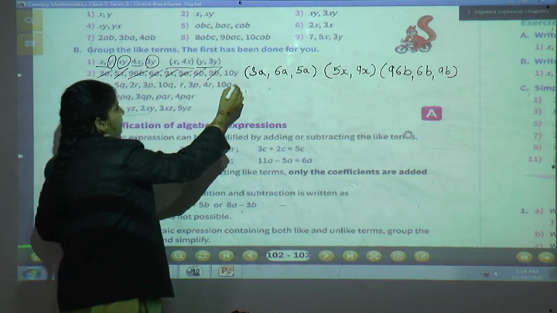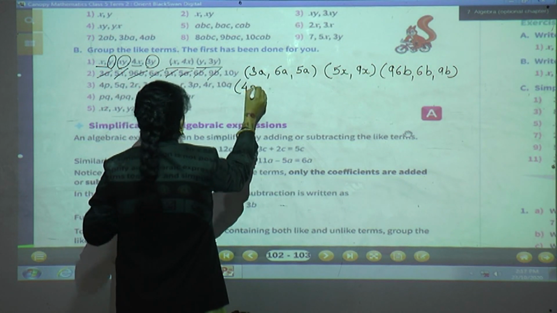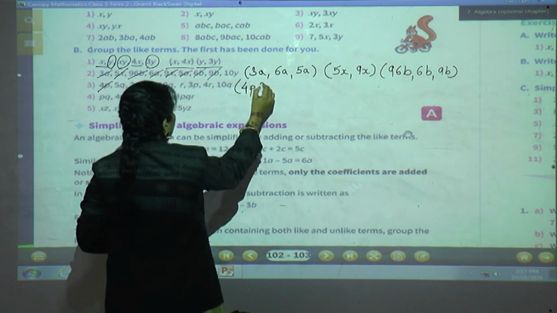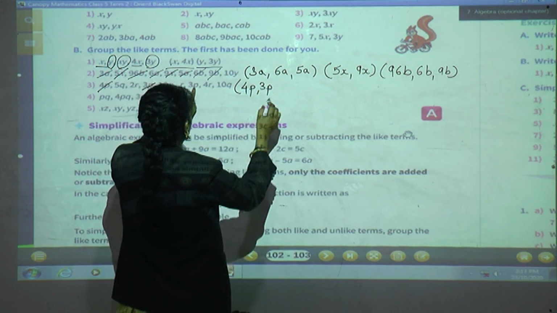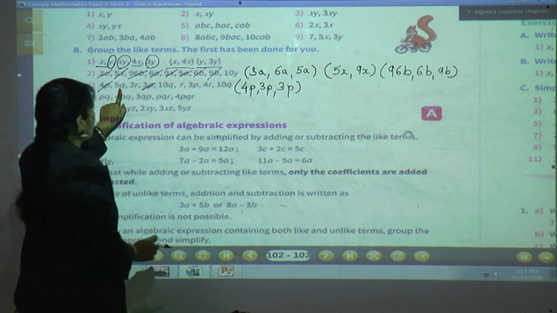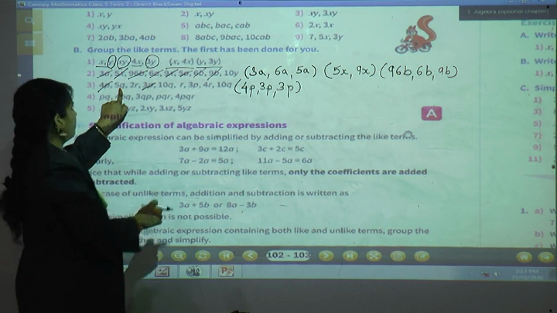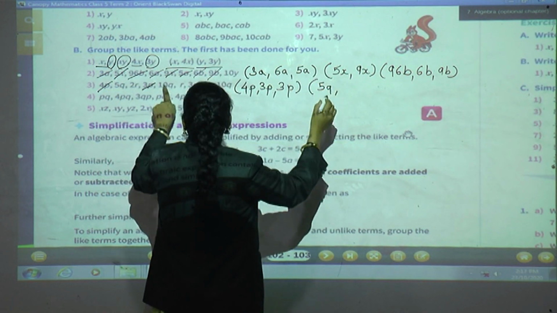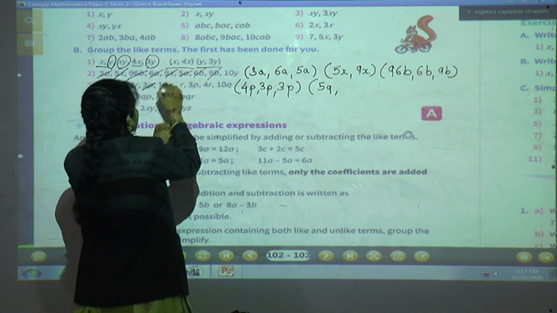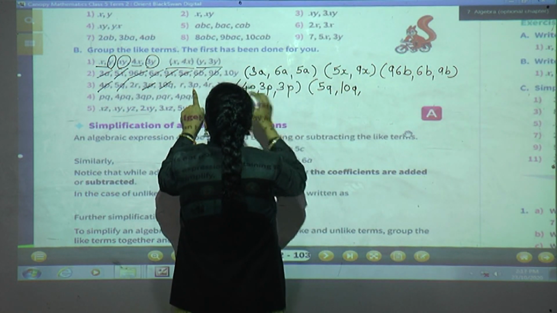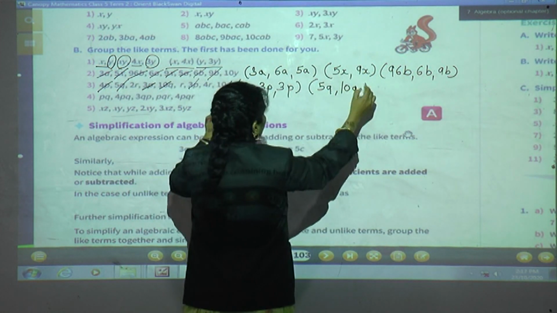4p, 3p, and again one more 3p. Now q, we will see term q. Here 5q, 10q, again here 10q, one more 10q.